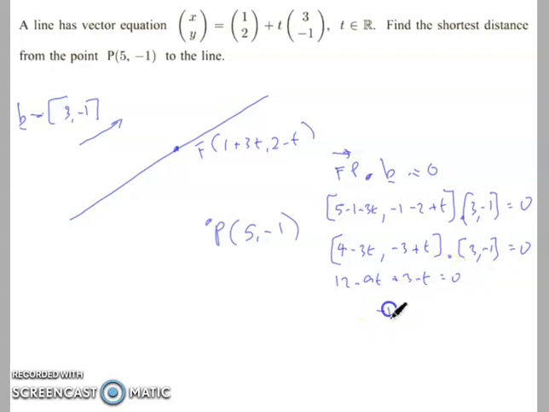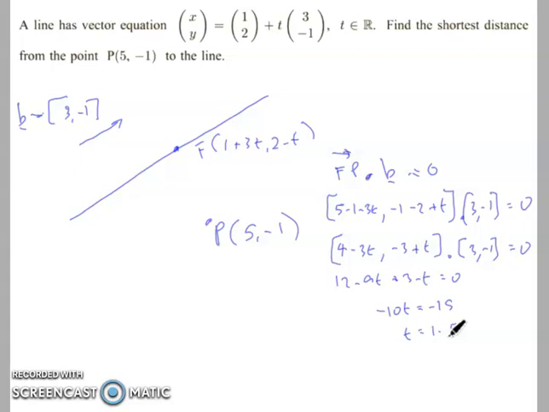Collecting like terms, I've got -10t plus 15. Let's move the 15 across to the other side. Divide by -10, and I get the time will be 1.5.